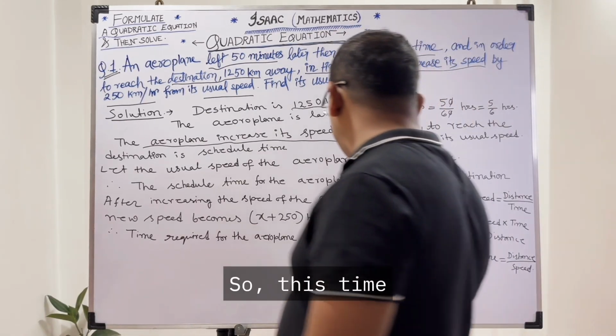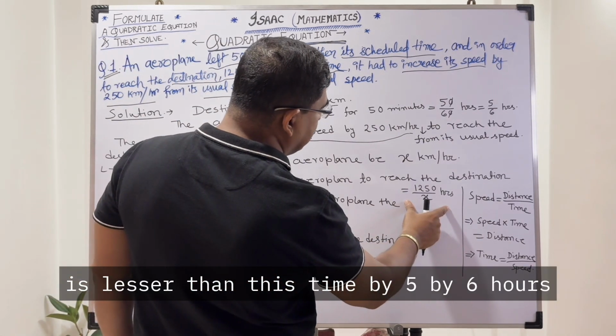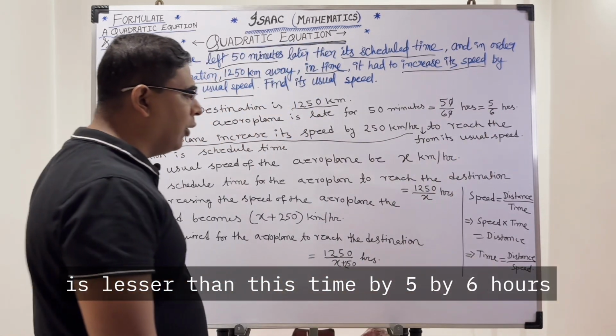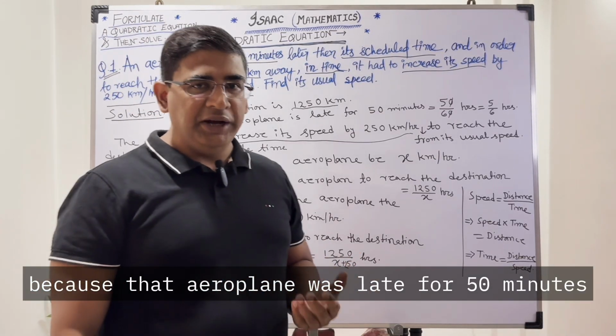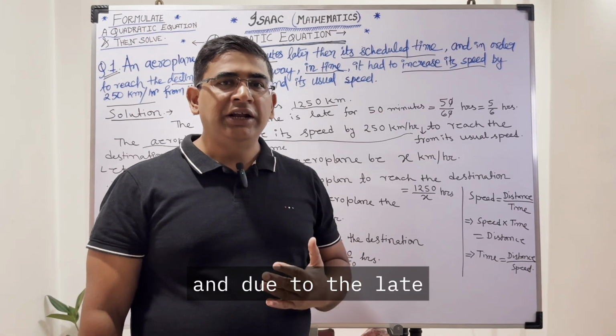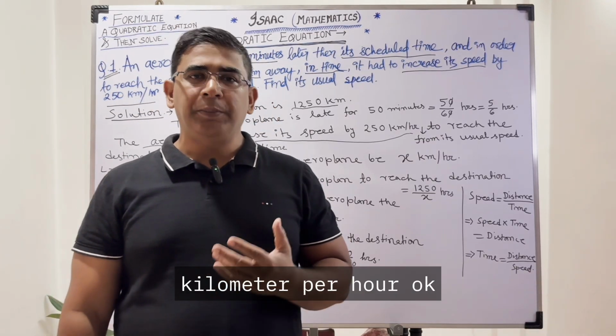So this time is lesser than this time by 5 by 6 hours, because that aeroplane was late for 50 minutes, and due to the late, that aeroplane increases its speed by 250 kilometer per hour.